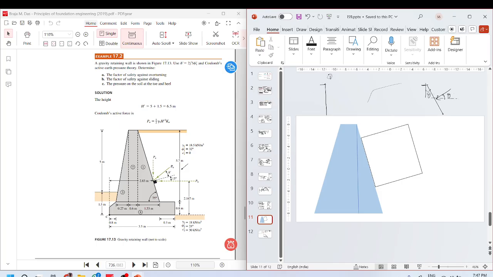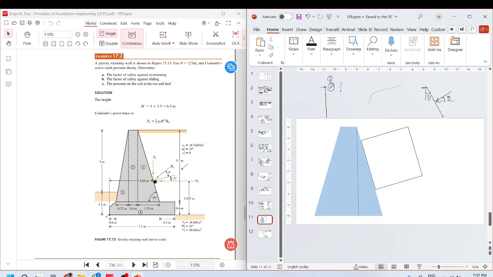Then the second assumption is frictionless, which means that your delta is zero. And Coulomb's theory tells us if the wall is rough, you will have an angle here again. So you will have to take this angle as delta plus theta.